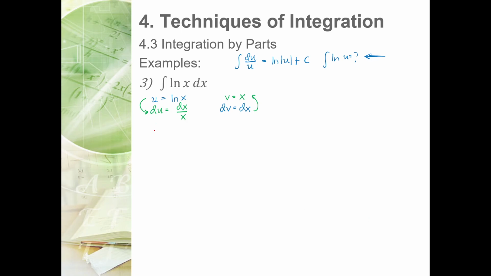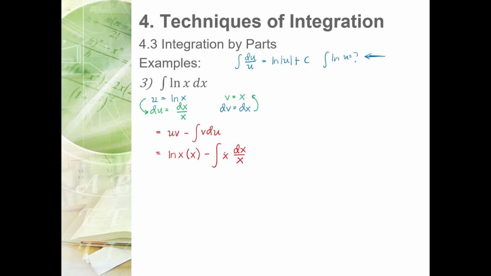Okay, going back to the formula, we now have uv minus the integral of v du. So ln of x times x minus the integral of x times dx all over x.